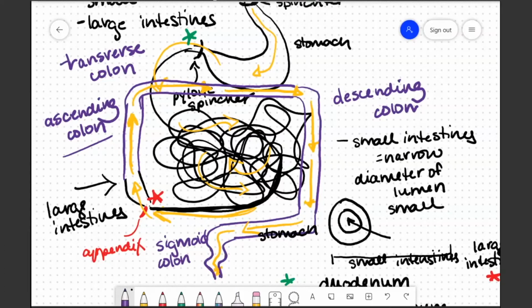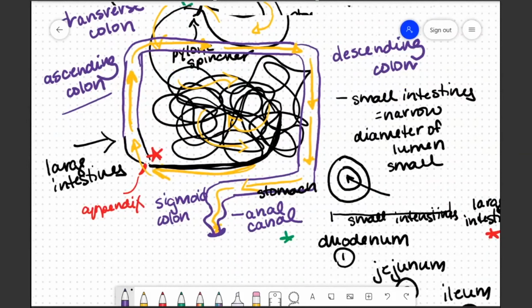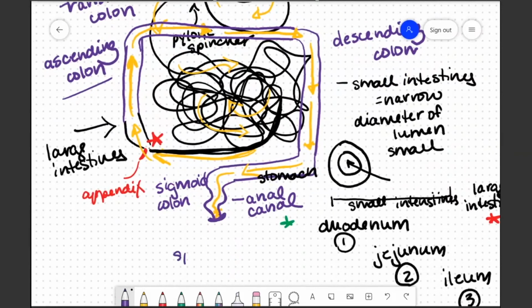And then at the bottom of the sigmoid colon, you will have your anal canal. And we're one long big tube, so remember we're going all the way out. Well, we need to have a door at the end of this tube as well. So right here at the very end of your anal canal is where you will find another sphincter.